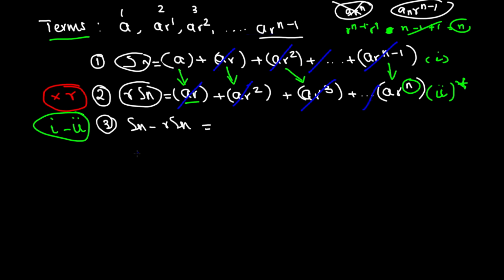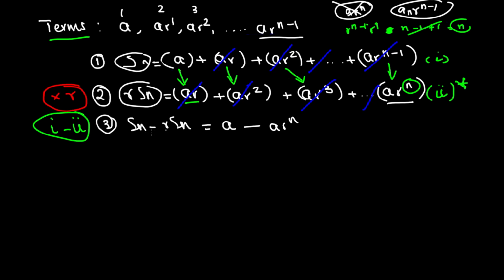So now we're going to have a few terms left. If we check here, everything is gone till we have this one. Only a is left. Because we're subtracting the second from the first, we're going to have a left here. Then we take away this one, which is ar^n, like that.